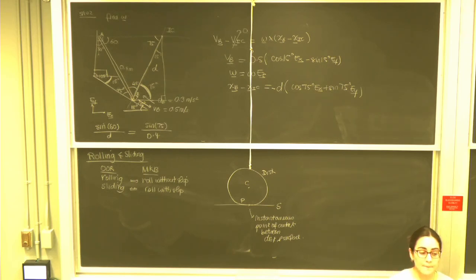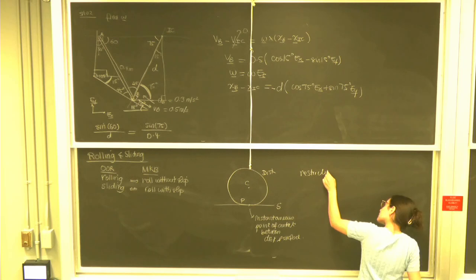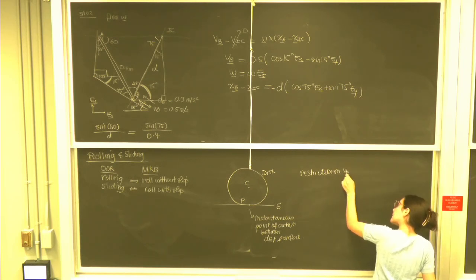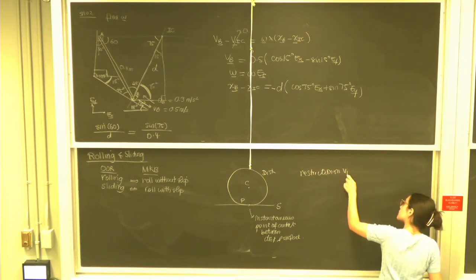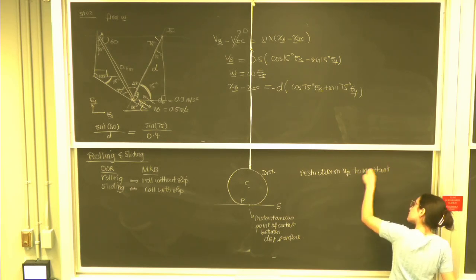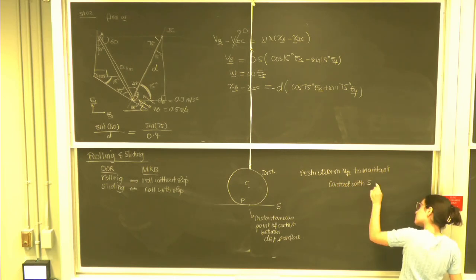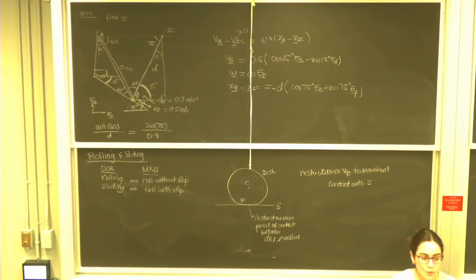If the disk is in contact with this surface, then how is the velocity of point P restricted? What is the restriction on the velocity of point P so that the disk remains in contact with the surface?